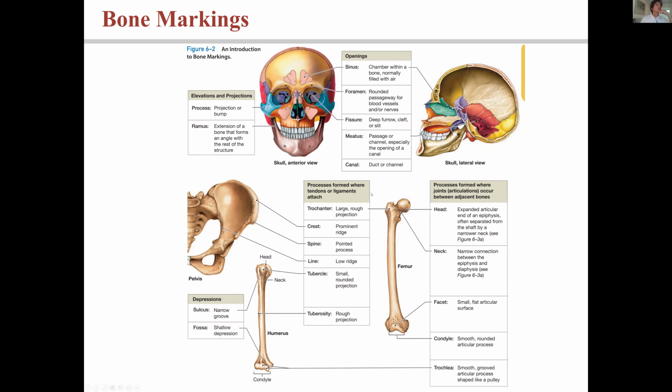We talked about the different types of markings within bones. In terms of elevations, we have processes or ramuses. Ramuses and processes are projections or bumps.